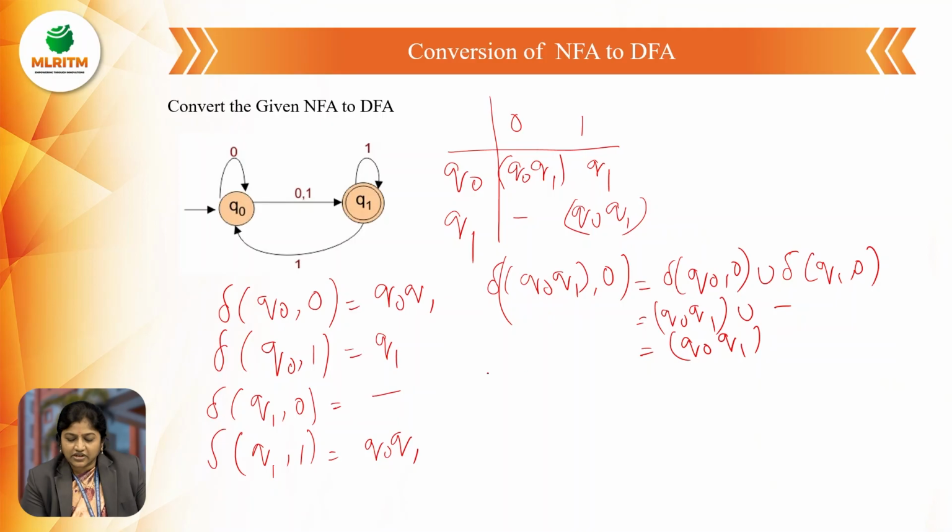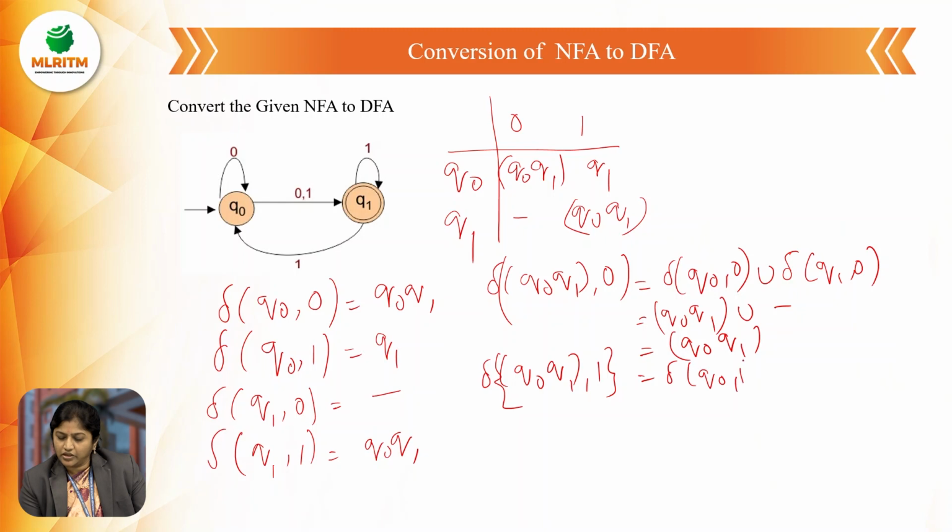Next, transition of Q0, Q1 on 1: transition of Q0 on 1 union transition of Q1 on 1. Q0 on 1 is Q1, union transition of Q1 on 1, Q0, Q1.